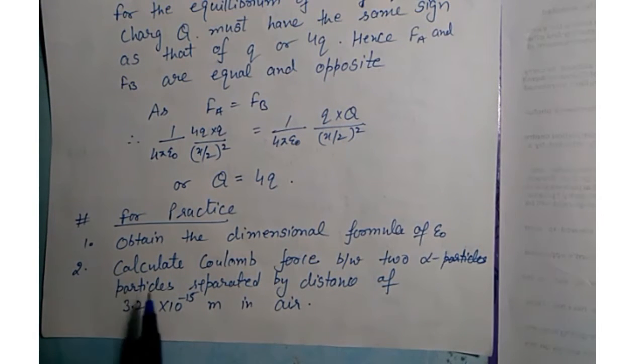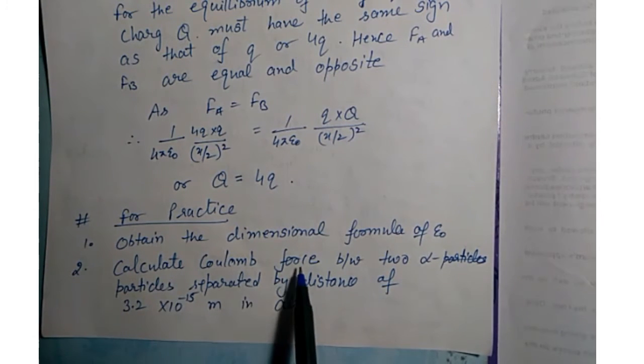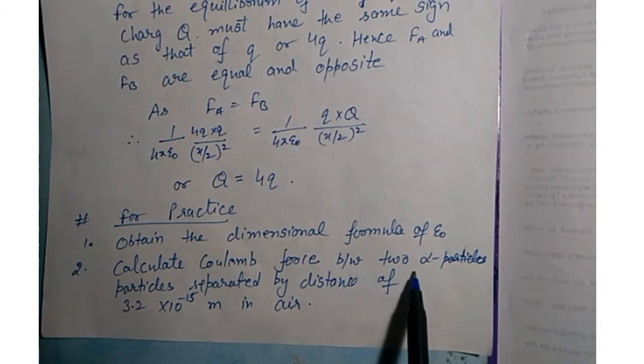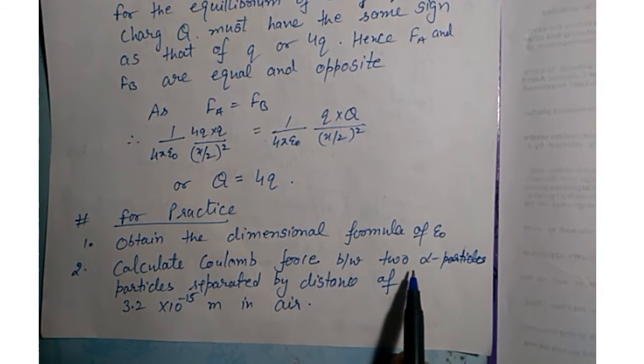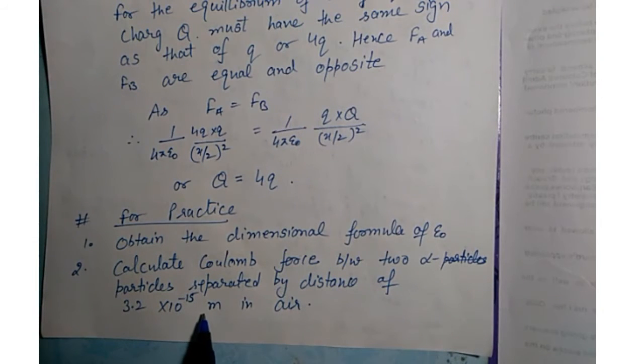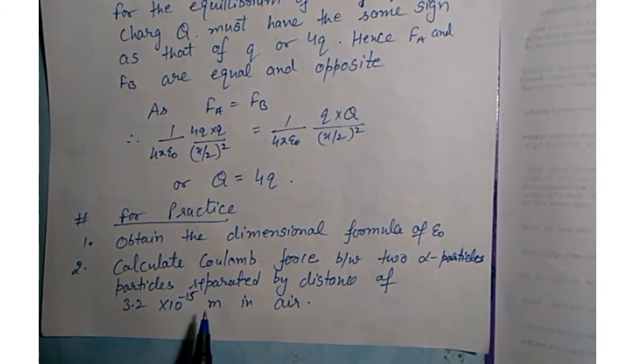Second problem is to calculate Coulomb's force between two alpha particles separated by a distance of 3.2 into 10 raised to power minus 15 meter in air. So distance is given, and the charge on an alpha particle is plus 2q. After substituting the values in Coulomb's law, you can easily find out the solution.